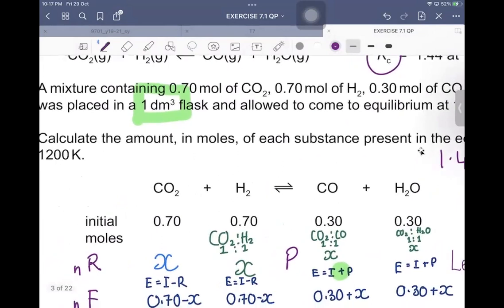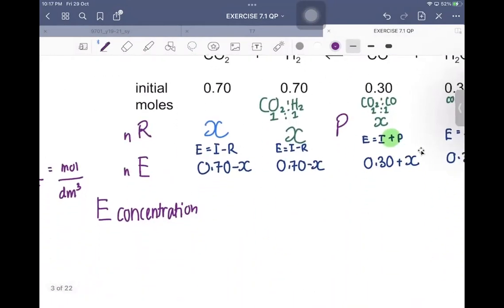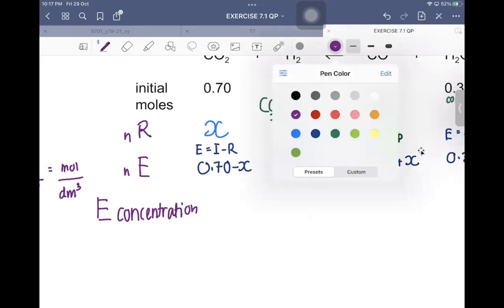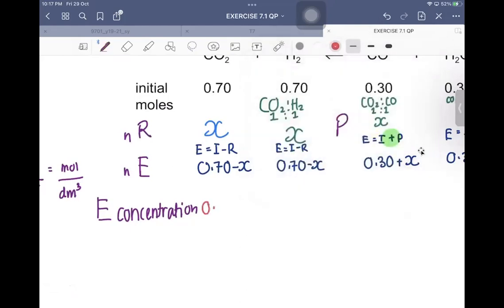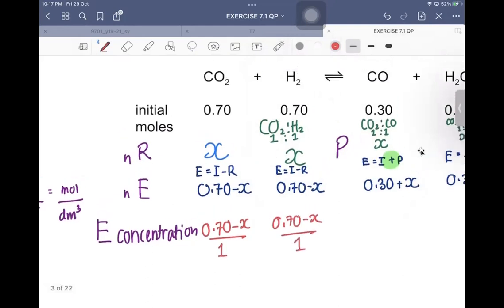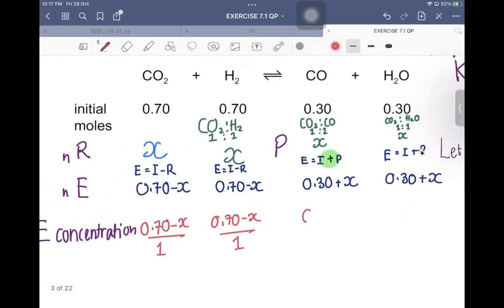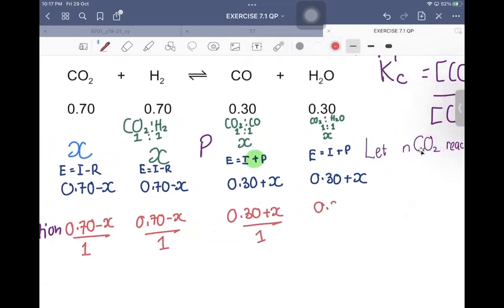Nicely enough, this question gives you the volume in dm cube already, so it's just divide by 1. For concentration, 0.70 minus X over 1, 0.70 minus X over 1. That's the concentration of your carbon dioxide and hydrogen. 0.30 plus X over 1, 0.30 plus X also over 1. If you just cancel them, the 1 will just go away.